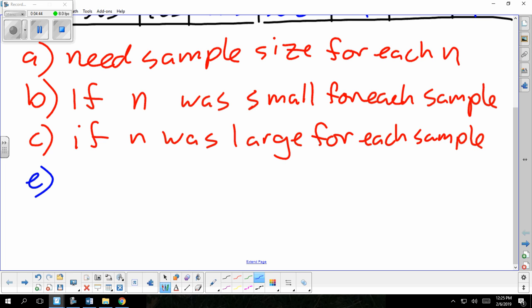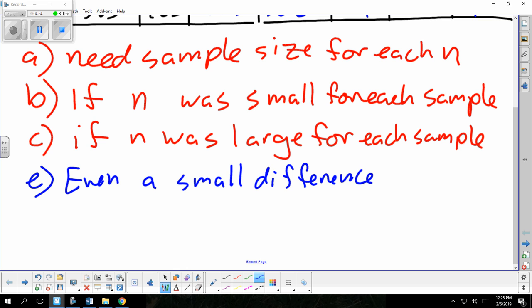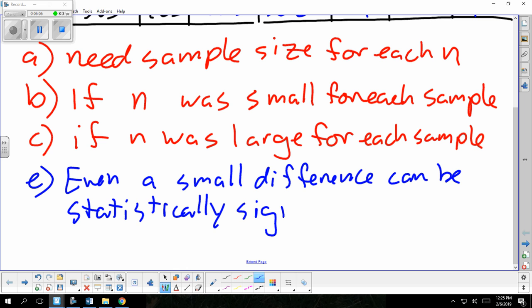So even a small difference can be statistically significant with a large sample size.